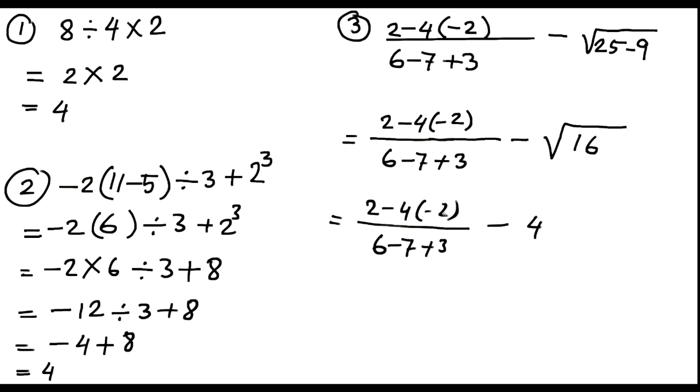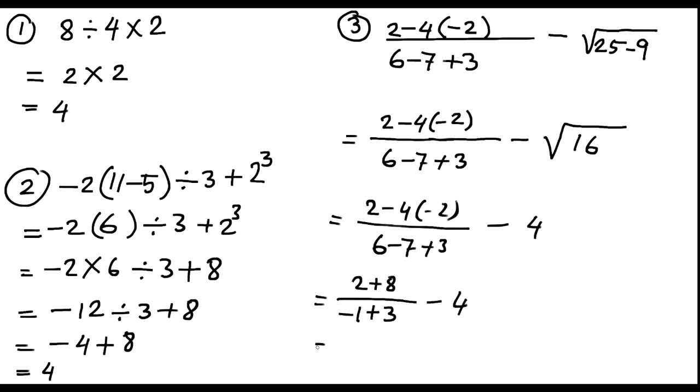Now we will do the top operations and the down operations. Top operations are 2 plus 8, because negative 4 multiplied by negative 2 is plus 8. Here we have subtraction first, so do the subtraction, you get negative 1 and plus 3, negative 4.